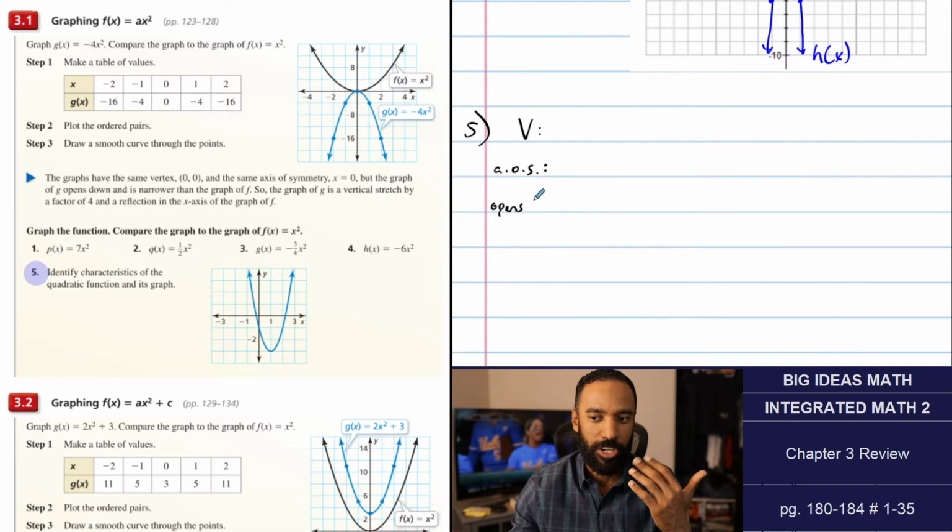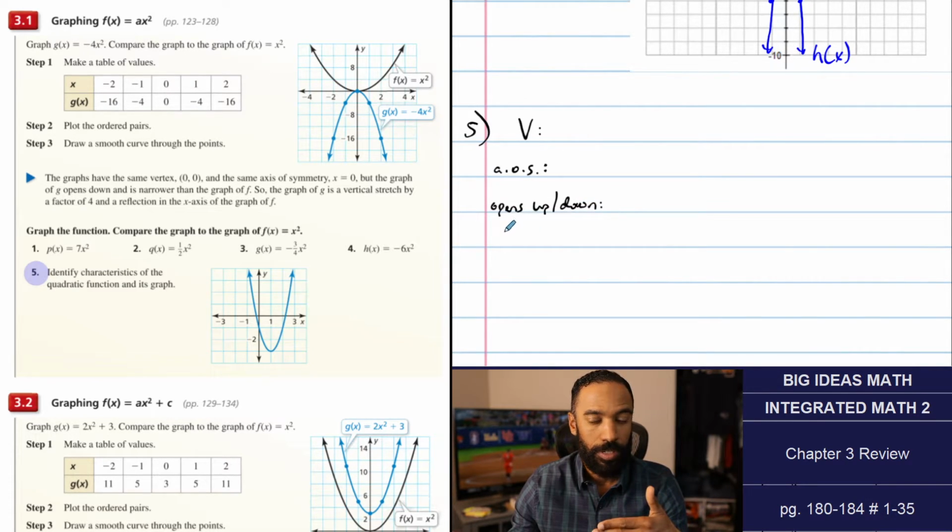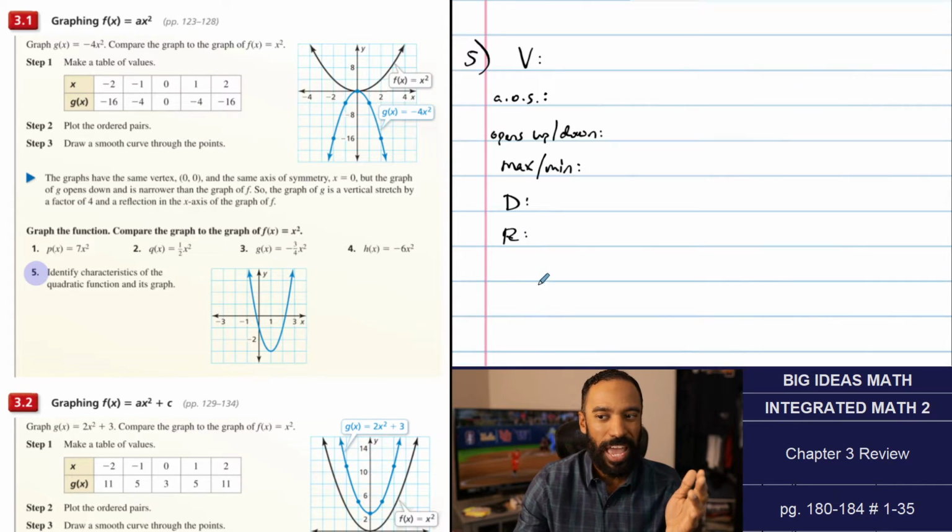I don't remember if that's a very specific thing that they ask for, but that makes sense. And actually with that, I forgot, they would ask about the maximum or min value. Max, min. And domain and range.